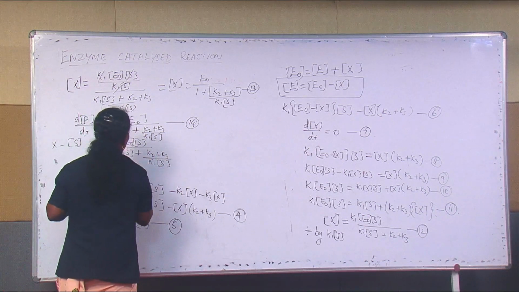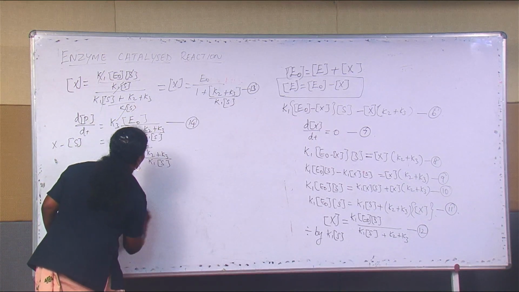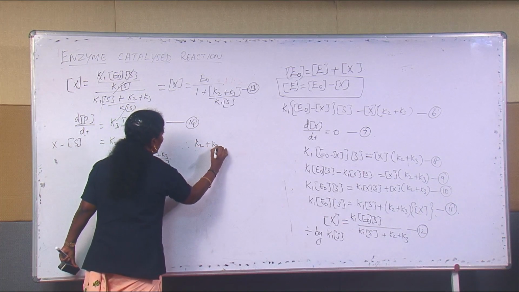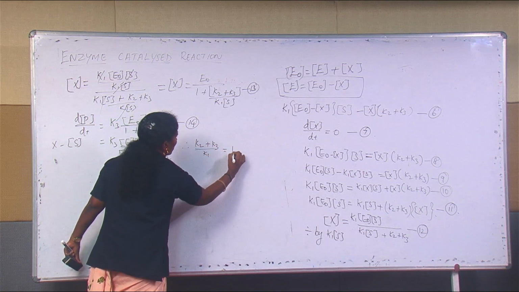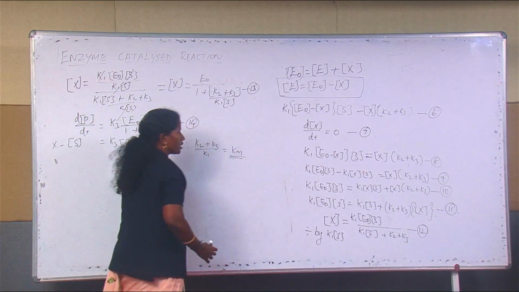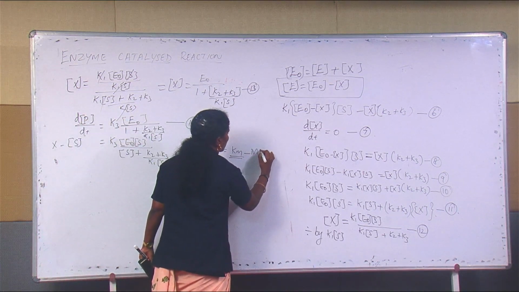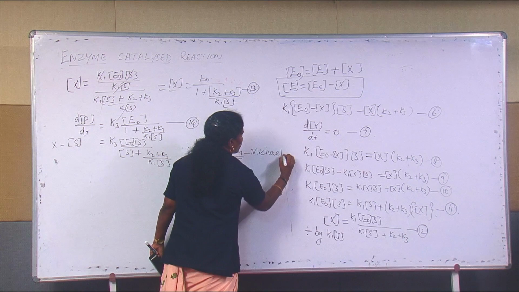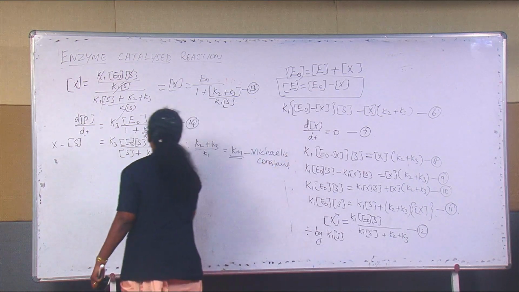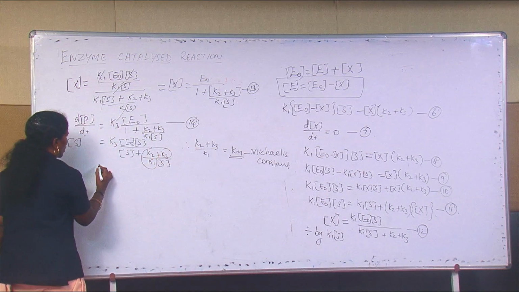So here K2 plus K3 divided by K1 is called a common constant Km. So Km is known as the Michaelis constant, Michaelis Menten constant. So instead of K2 plus K3 by K1, we can substitute the Km value.